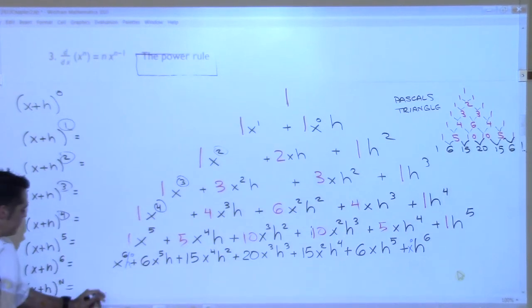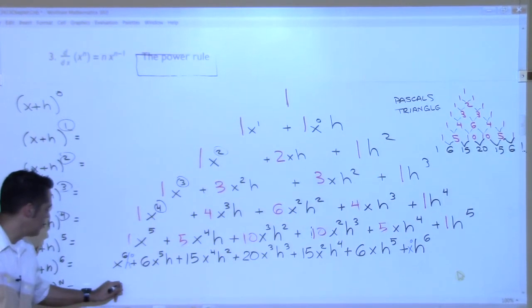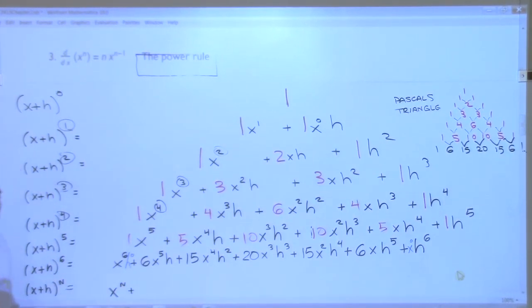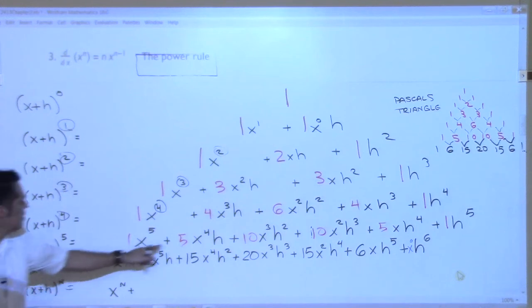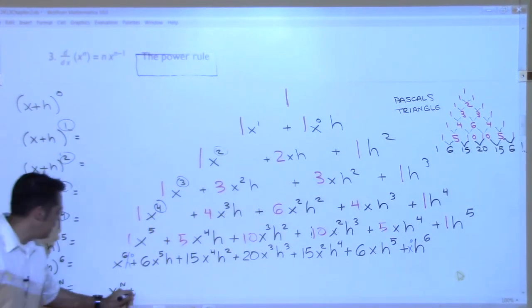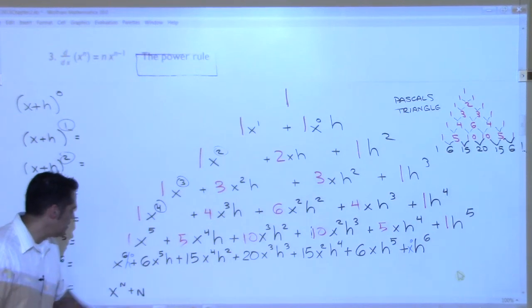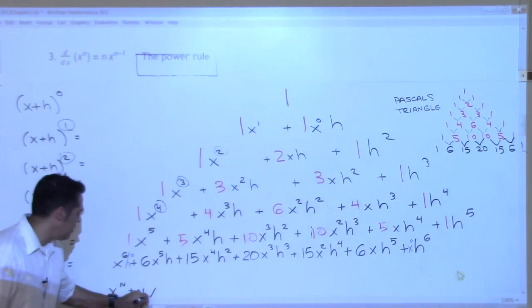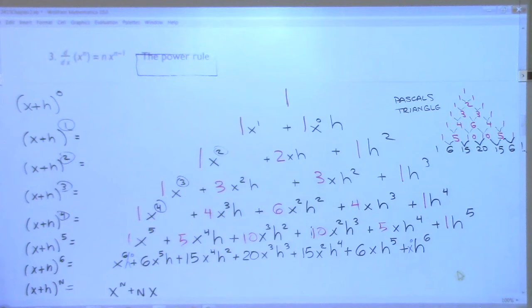What's the first thing? X to the n, okay? Plus, now, what's the number that would go here? N, right? Because remember, this 6 comes from 6, 5 comes from 5, 4 comes from 4, right? So this is going to be n. And then tell me about the power on x. X to the what? One less than this.